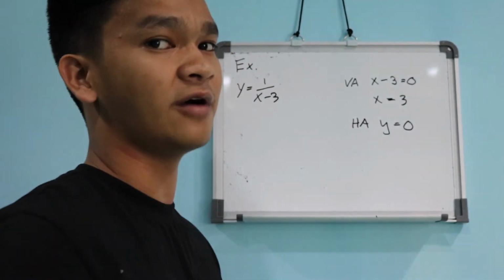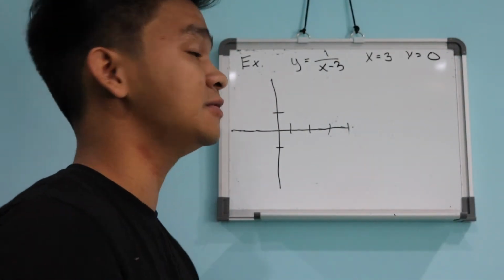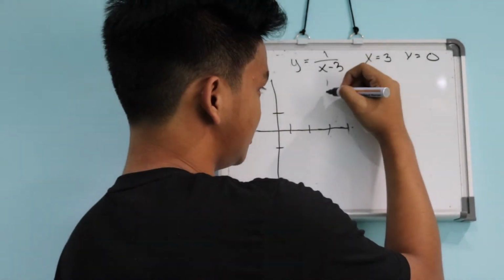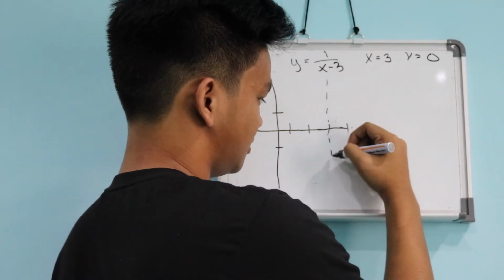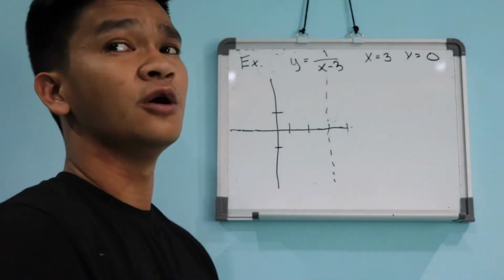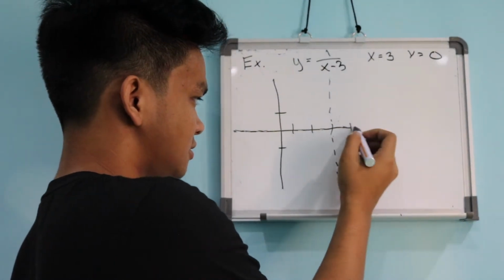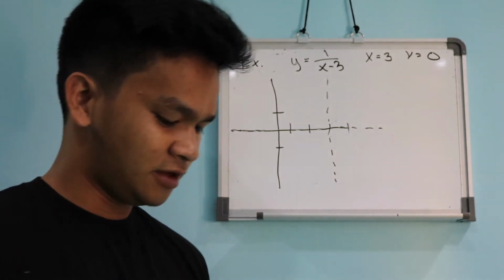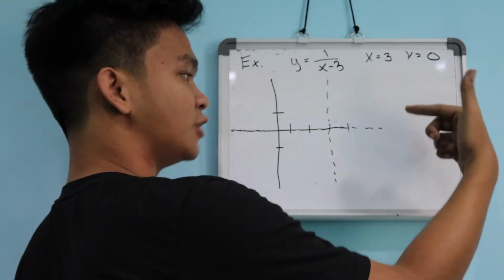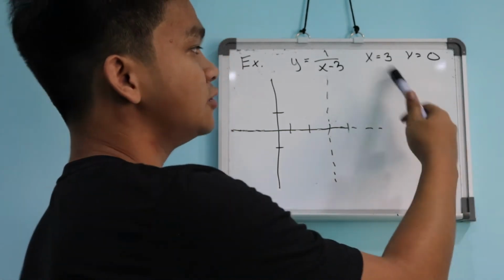So now let's graph our points. There you go. Now we're going to graph our given points. We have x equals 3, our vertical asymptote, which is right here. And we have our horizontal asymptote, which is y equals 0, or simply our x-axis. Now, for the vertical asymptote, to determine if the graph is above or below, we're going to pick a number that's greater than our given value, which is 3.